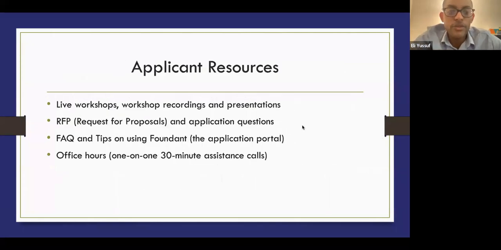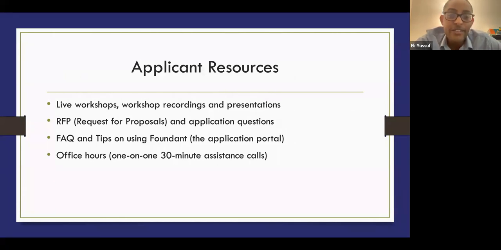So, applicant resources: you should know that I'm very much available, not just through email, but also through office hours. We have a Calendly link on humanitiesdc.org in the grant application section, where you can register for office hours, so 30-minute one-on-one assistance calls.